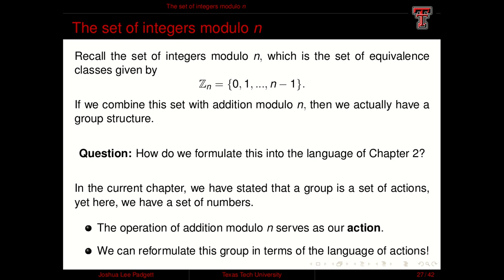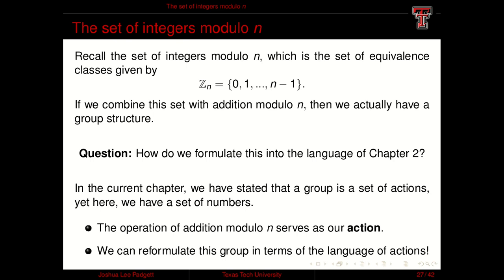And what you can think of is that's exactly equivalent to the notion of when I rotated a cube, I had a cube again, even though it looked different. Or when I flipped that rectangle, the numbers were in a different place. In that same way, when I perform addition modulo n on one of these guys, I get another one of these guys. And that is our notion of symmetry.